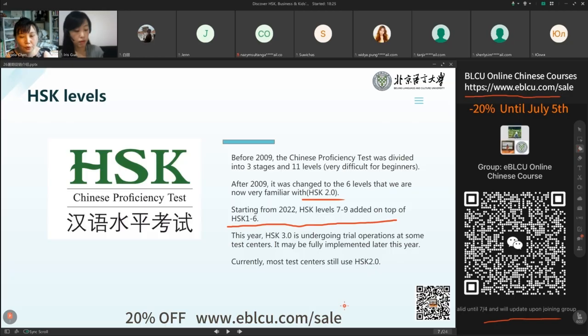It's still not fully operating right now. But currently, most test centers are still using HSK 2.0, which our HSK courses are following. But if there is any information about the change of HSK, we will let you know too.